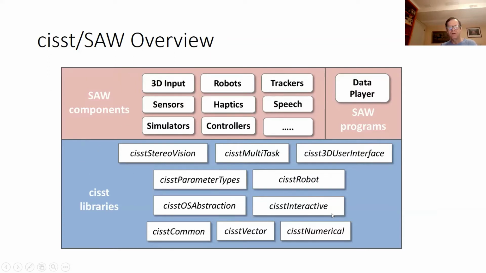So these are libraries. And then given these libraries defining this component-based architecture, we have a number of implemented reusable components. A lot of them are hardware interfaces, for example, interfaces to robots, sensors like force sensors, and tracking systems, but it can also be reusable software components. So that's the basic overview.